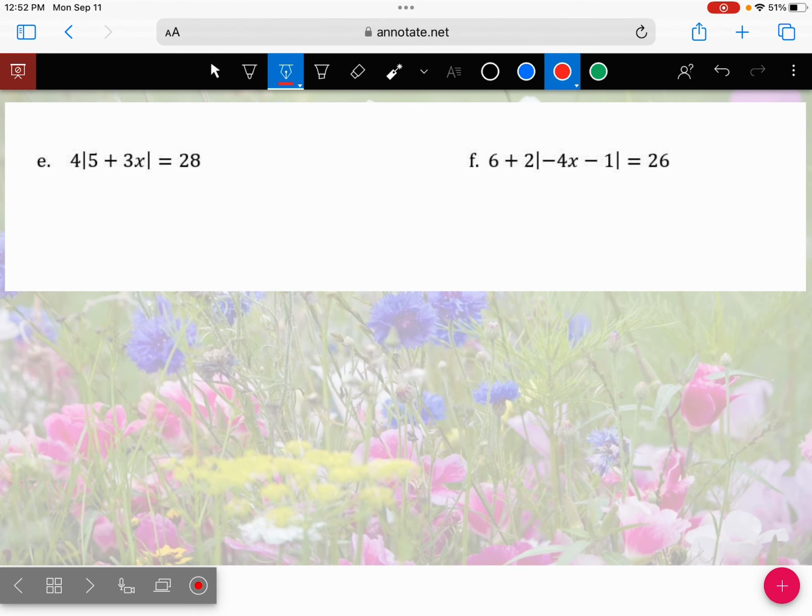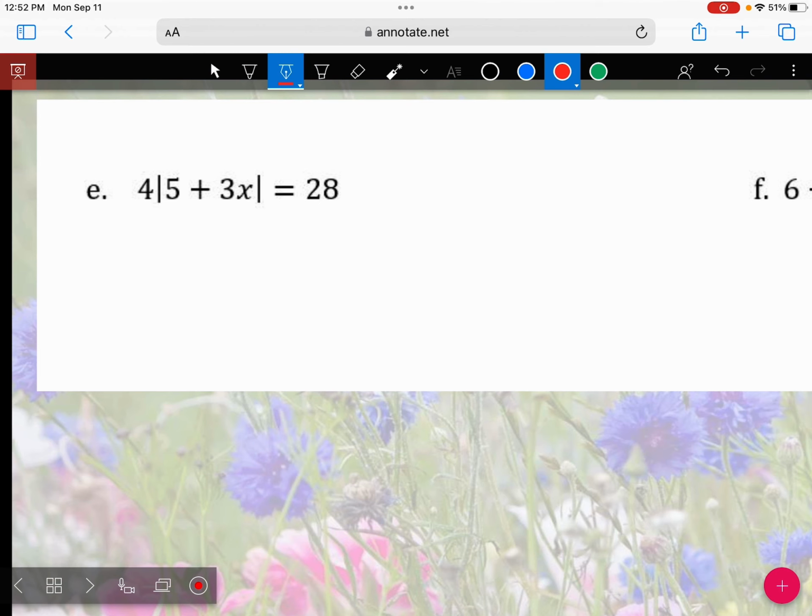It's the bottom of the page we started on Friday. Is that page 7 or 8? 7? All right, let's go to page 7, guys, in our packet. Page 7.